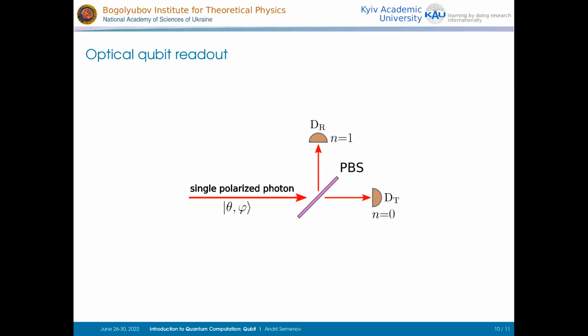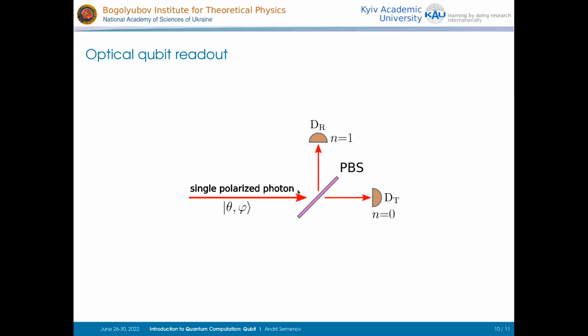It may have different polarization, horizontal, vertical, or something intermediate, even some complex superposition of these, so rotational polarization, whatever you want. And of course, we can prepare this photon with some polarization in some quantum state, which will be characterized by polarization angles theta and phi.